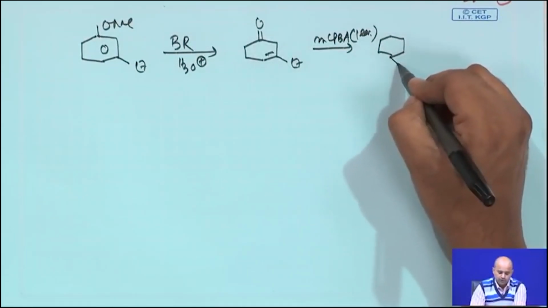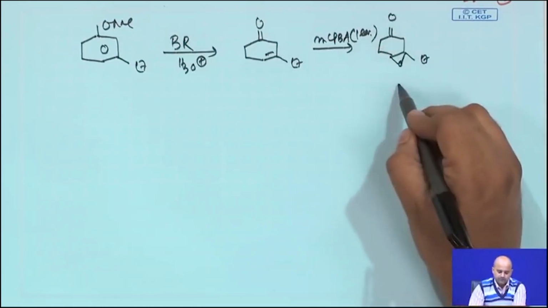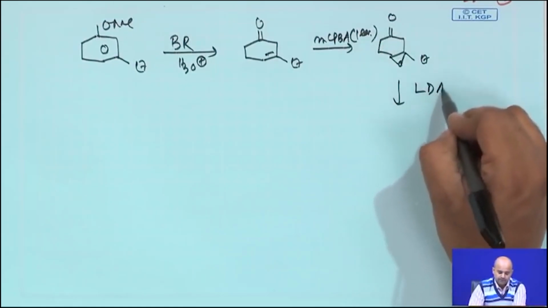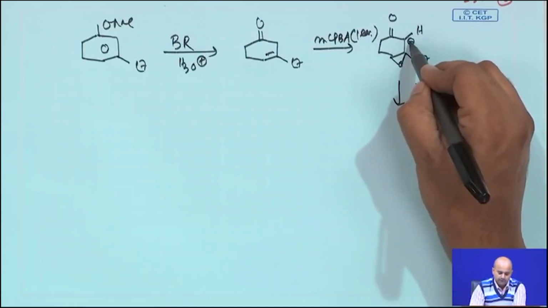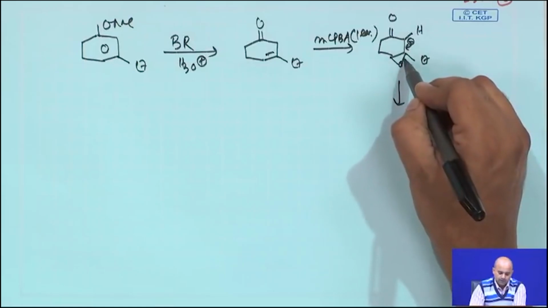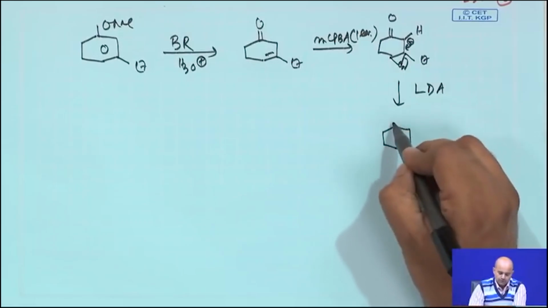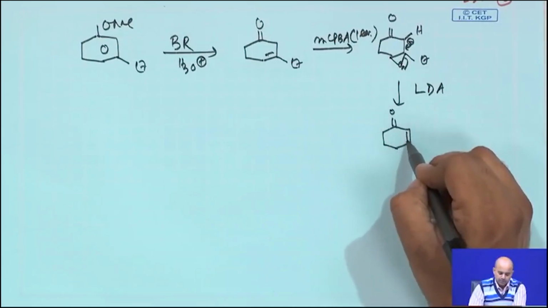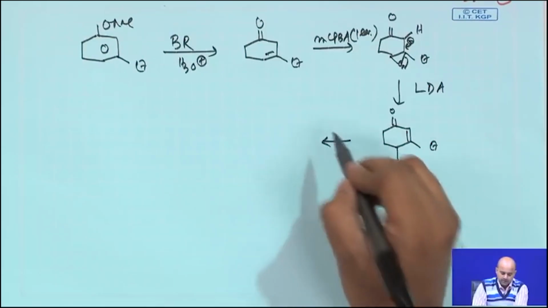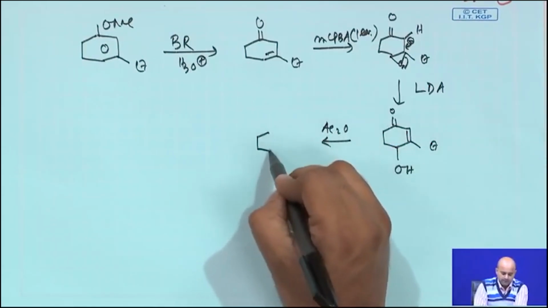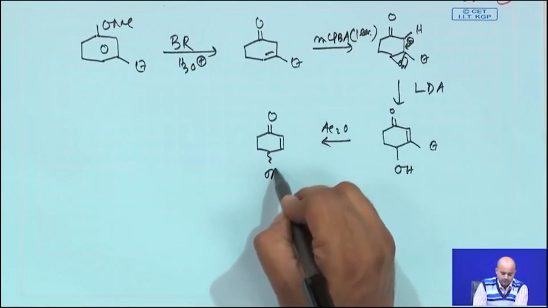So, use one equivalent of mCPBA and you get these things. Now, you use LDA, it will pick up this hydrogen and make a negative charge here, and then this carbanion will attack the electrophilic epoxide to quench the anion, and then it will convert this to an alcohol, and then it can be converted with acetic anhydride to this OAc.